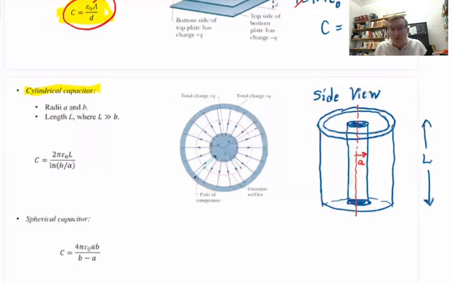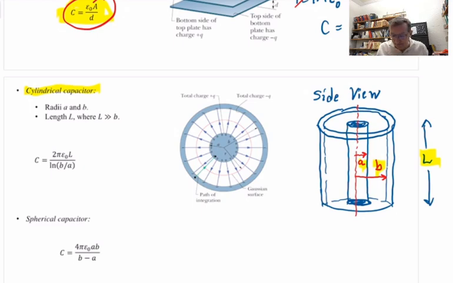Okay, I'm trying again. So the radius of the inner cylinder is A, and in essence the inner radius of the outer cylindrical shell is B. And my figure, and so is the book's figure, is misleading, because what we really mean is that the capacitor's L is much larger than the A and the B. So it's much longer than it is wide.